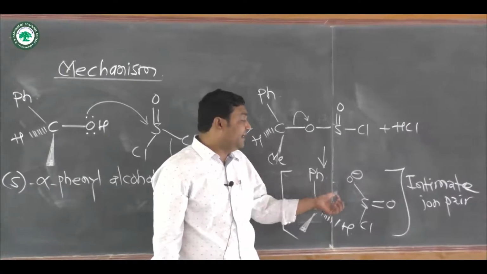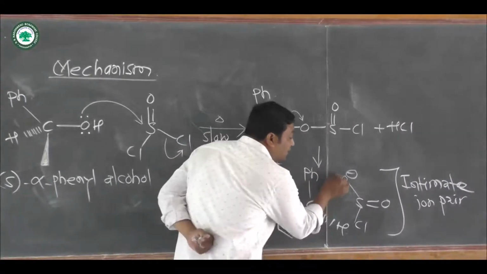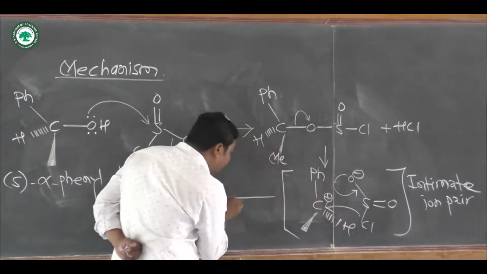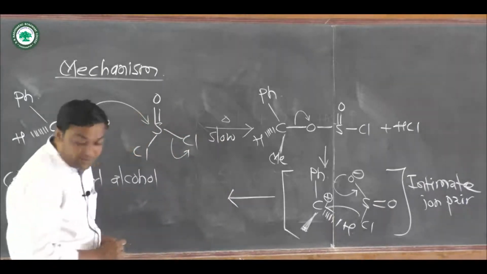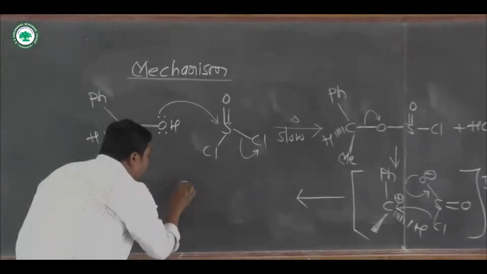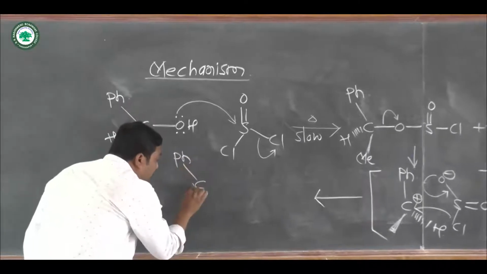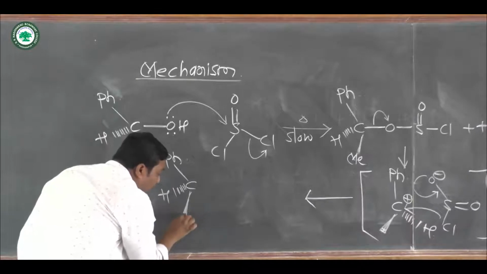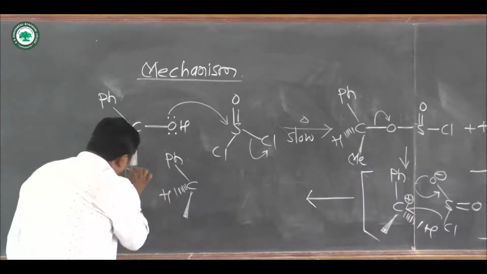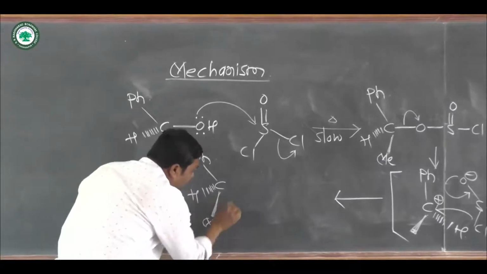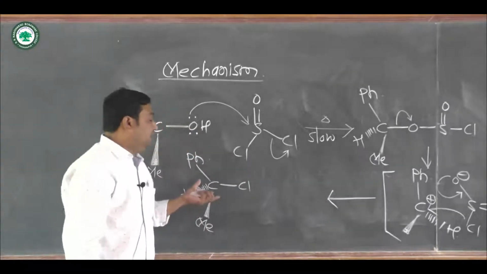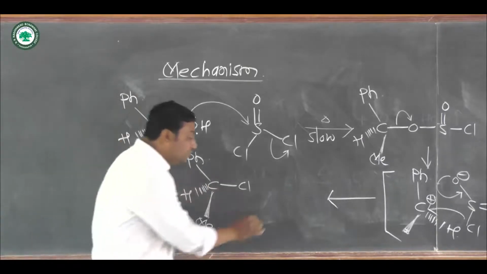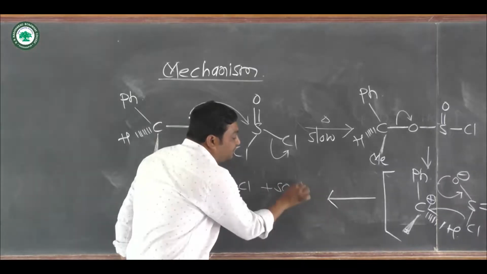Now this intimate ion pair undergoes a reaction to give alpha phenyl ethyl chloride as a product with the liberation of SO2.